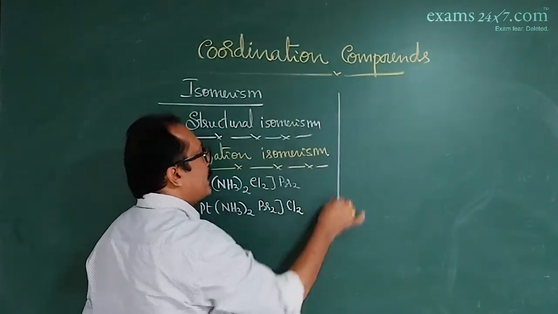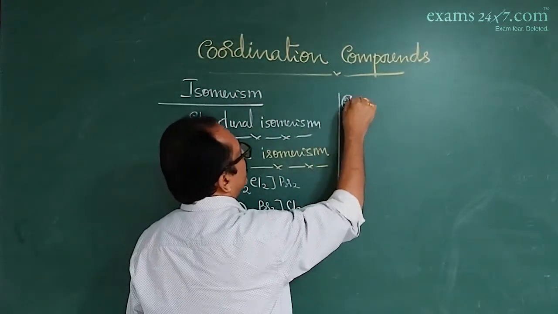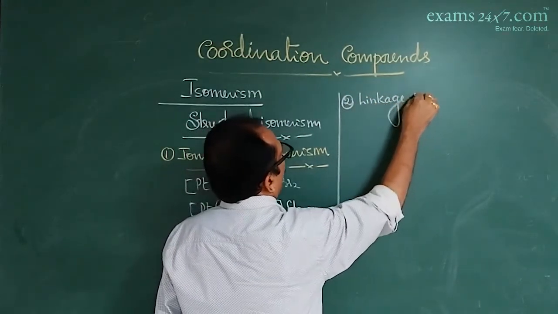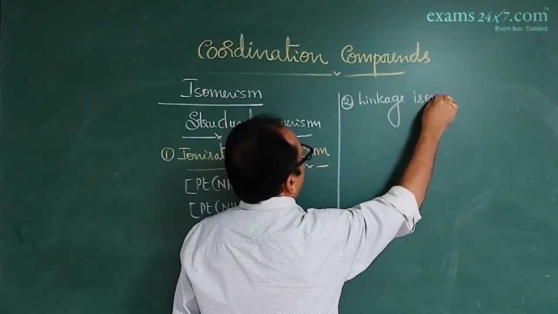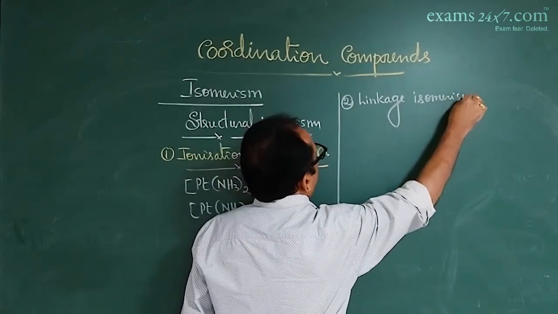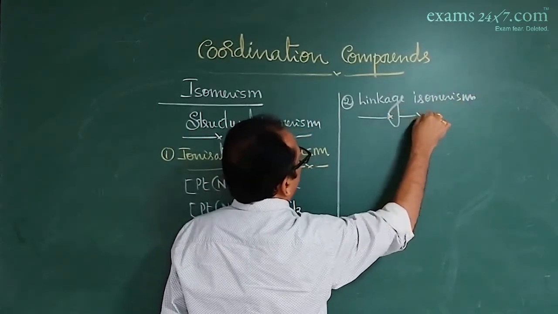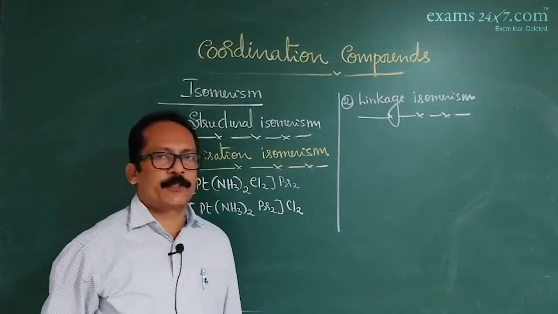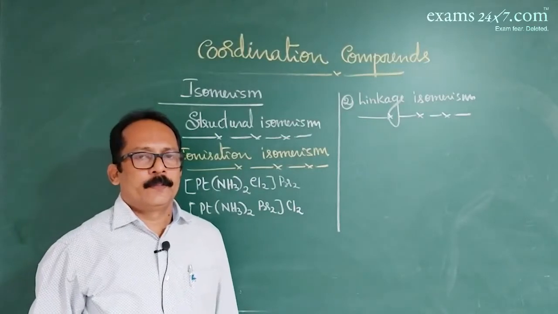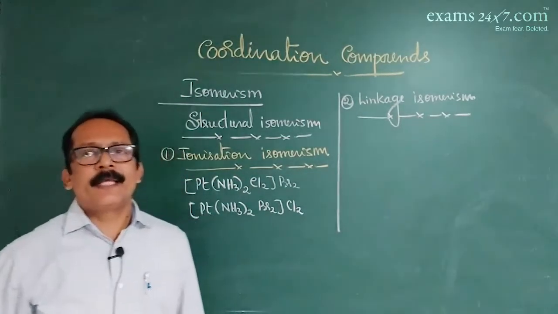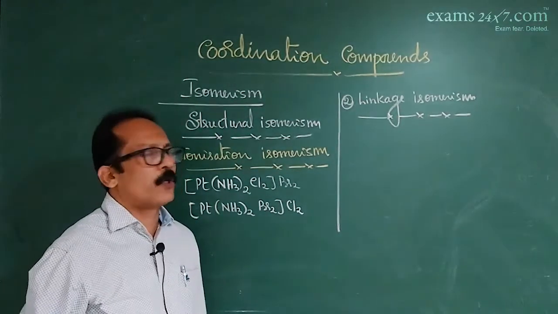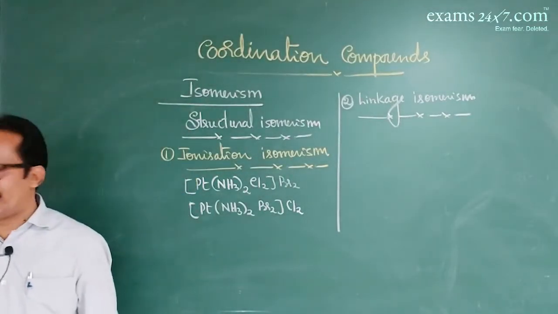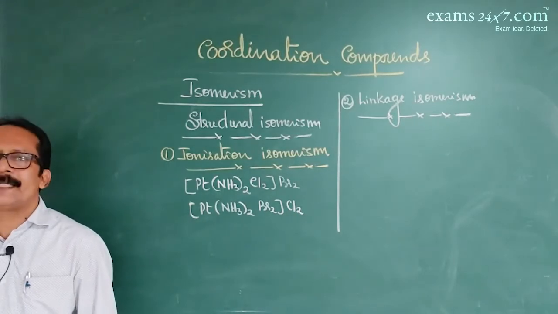Next, linkage isomerism. Linkage isomerism is observed in coordination compounds which contain ambidentate ligands, and these isomers differ in the ligating atom. They should be ambidentate ligands and they differ in the ligating atom.